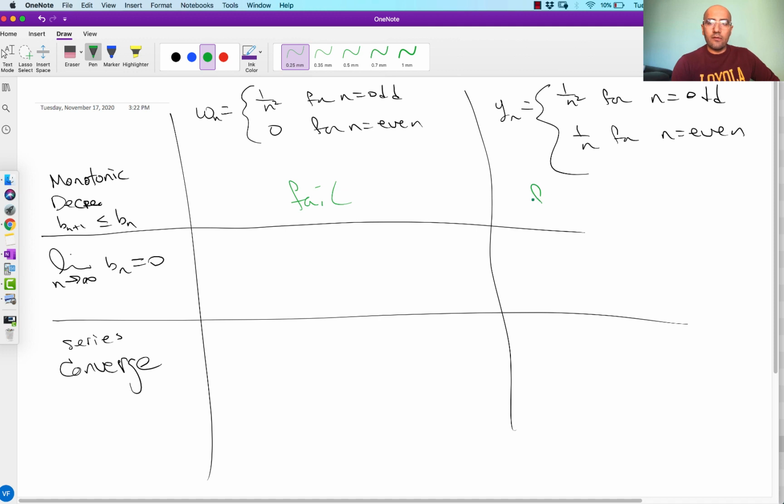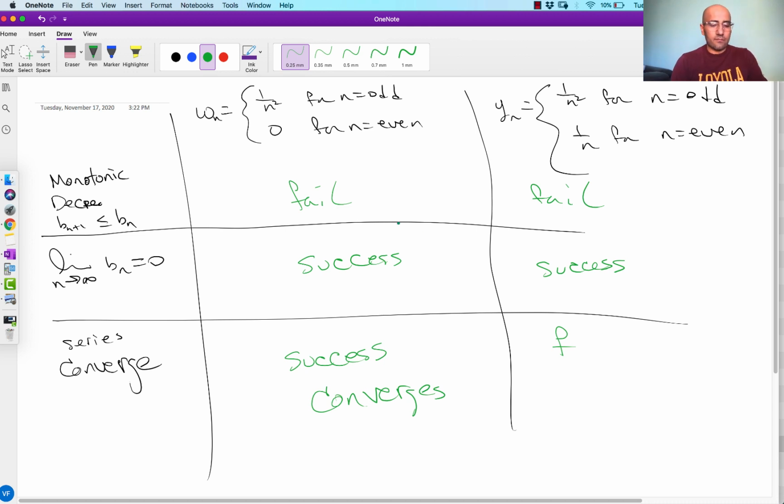So fail, fail. But both of them were successful in that they were converging to zero. So success, success for this part here. But then when we come back and look at the actual convergence, it does converge. So success here converges, but fails over here.